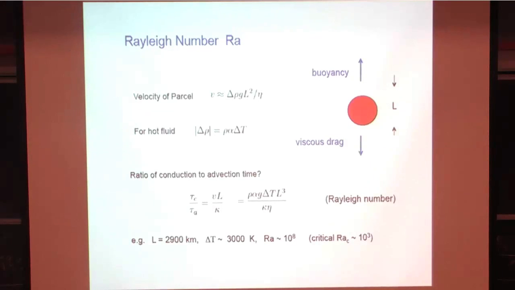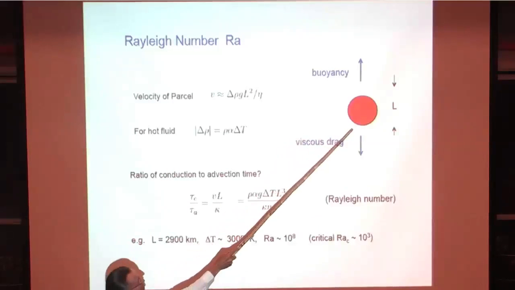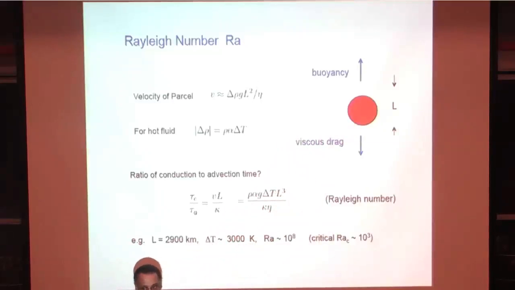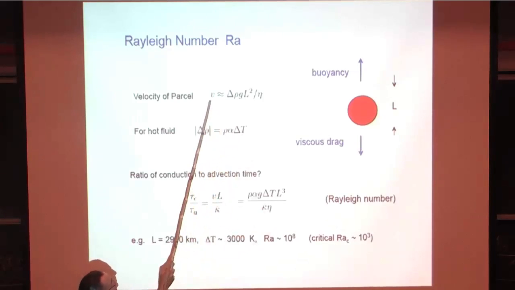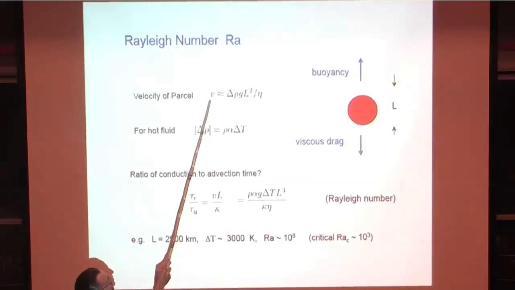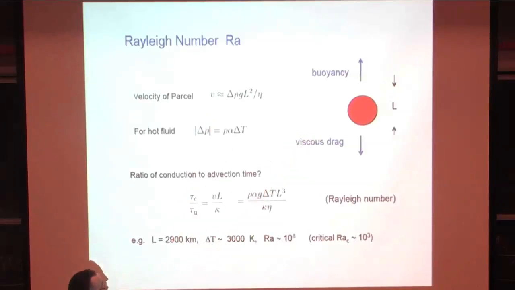So the time scale for this blob to rise: the relationship between length, time, and velocity is that distance is speed times time. And so we can get a time scale for it to rise. It looks like a length L divided by a velocity. So that's how fast we're carrying heat, or we're carrying buoyancy because things are light and they're rising.